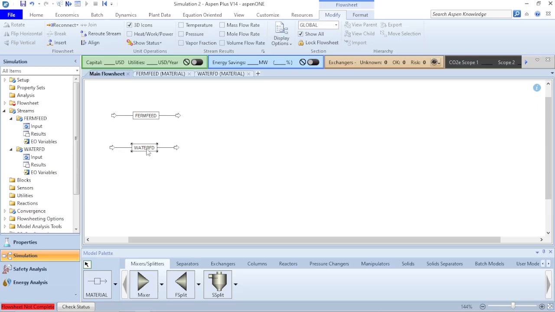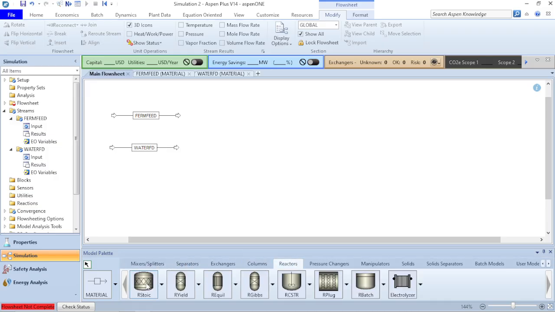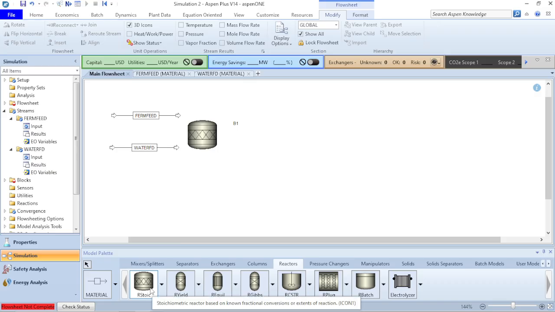All right, so having done that, then we bring in our fermenter. Now we're making use of the RStoic. For this, you come to reactors, make use of this. All right, so this particular reactor here is a stoichiometric reactor based on fractional conversion and extent of reaction.